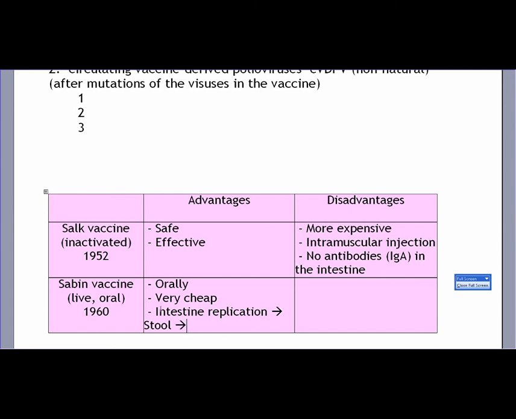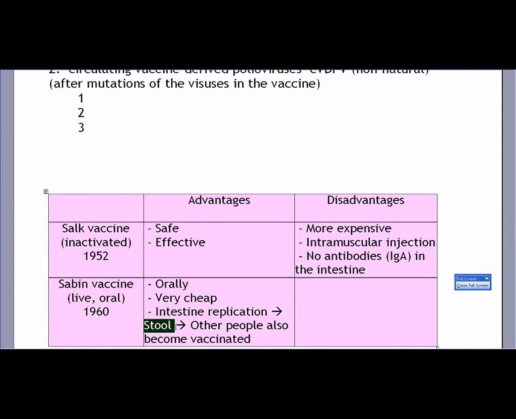So if sanitation, hygiene is not good, the vaccine also goes to other people. So other people also become vaccinated. Do you understand this?